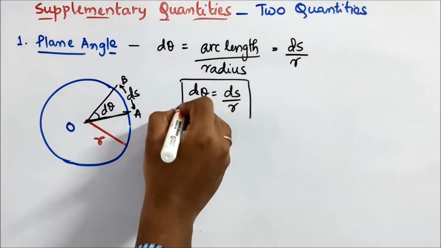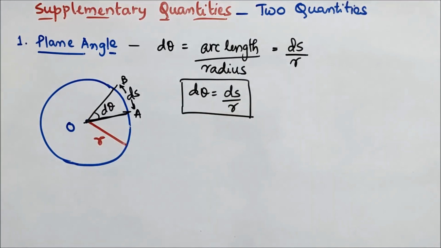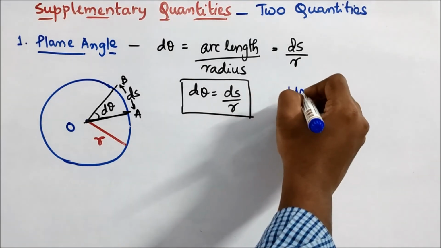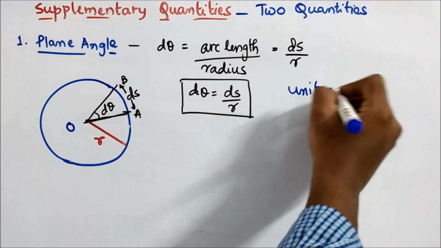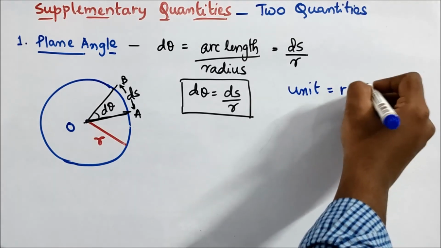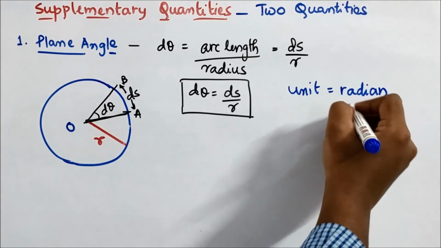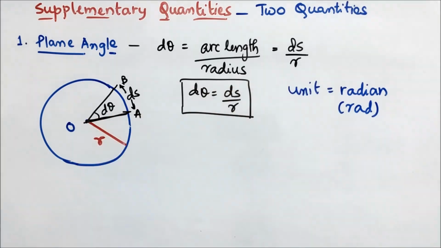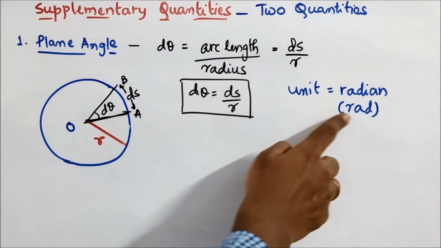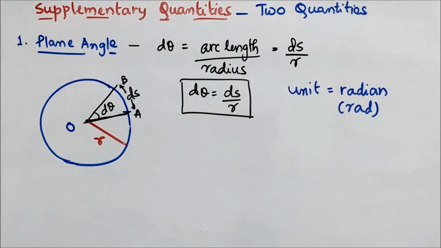This is the definition of plane angle. The unit for plane angle is radian, and its symbol is rad. We don't measure it in degrees, we measure it in radians. So this is plane angle.